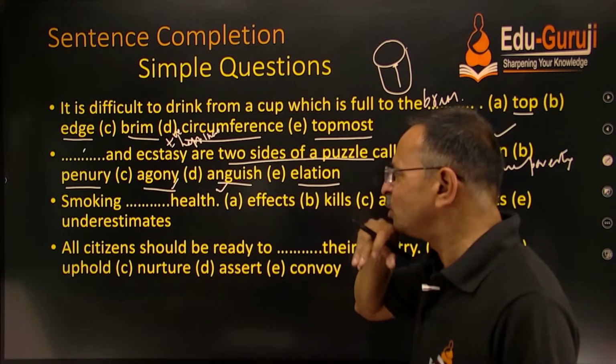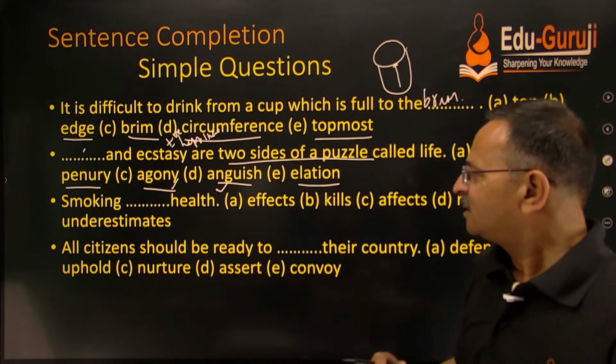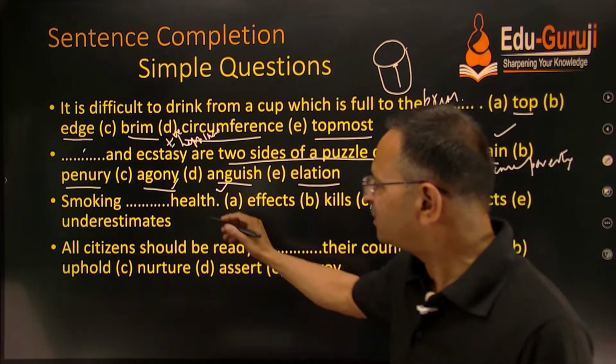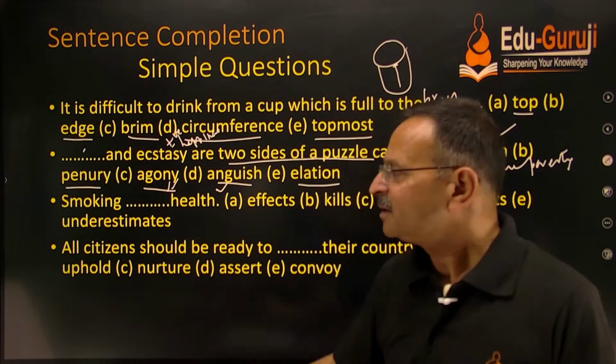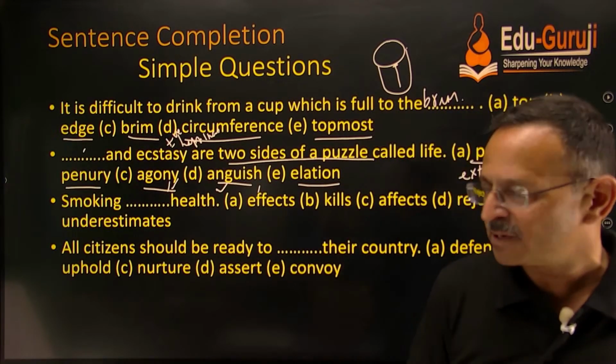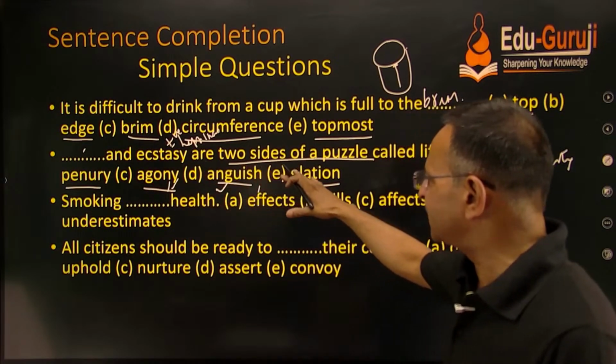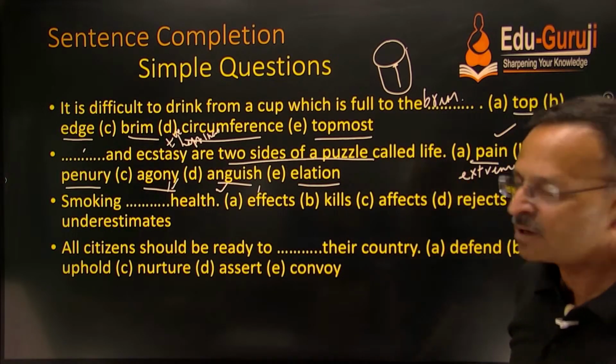Agony and anguish both are more or less similar to pain, but agony refers more to the physical part, and anguish refers more to the emotional part. So if you put it, "physical pain and ecstasy are the two sides of the puzzle called life"?